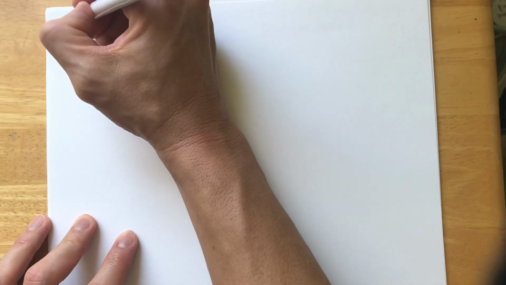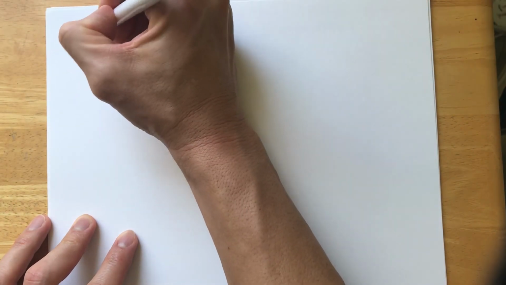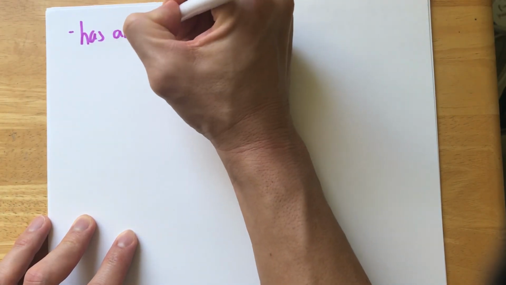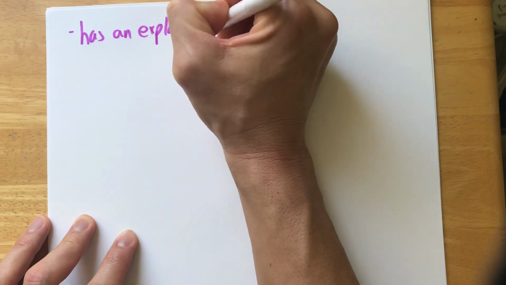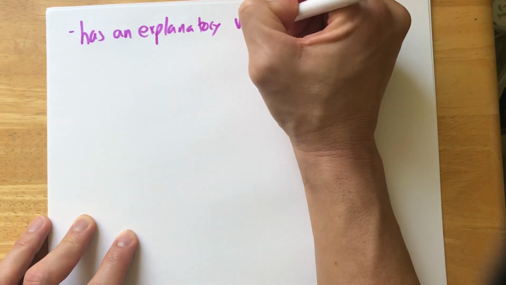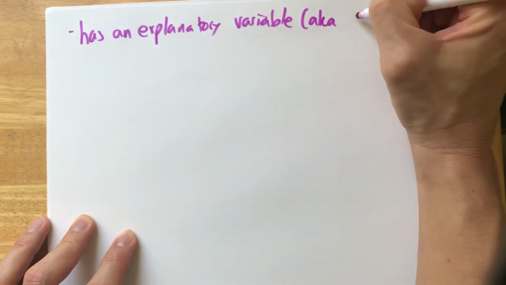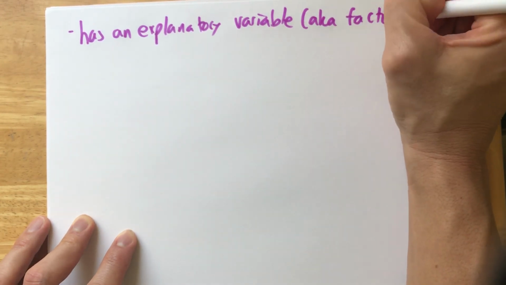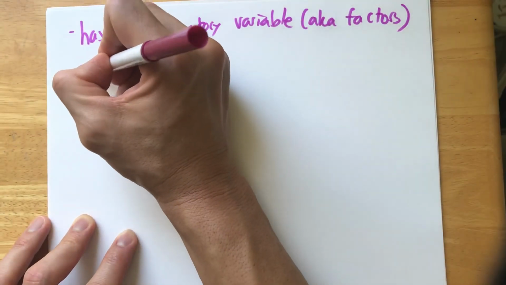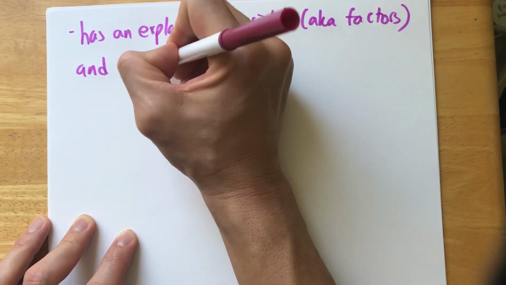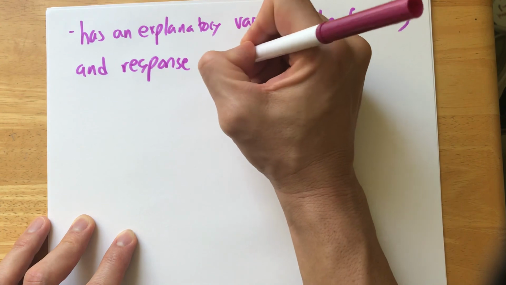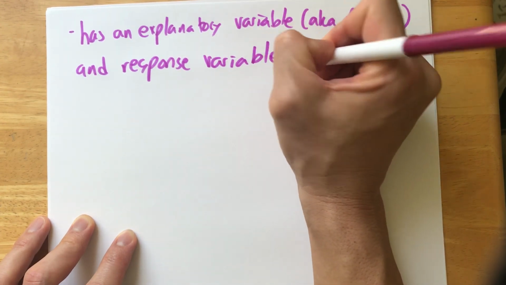Okay. So in this area, you always have, so back to experiments, an explanatory variable, aka factors, and a response variable. Okay.